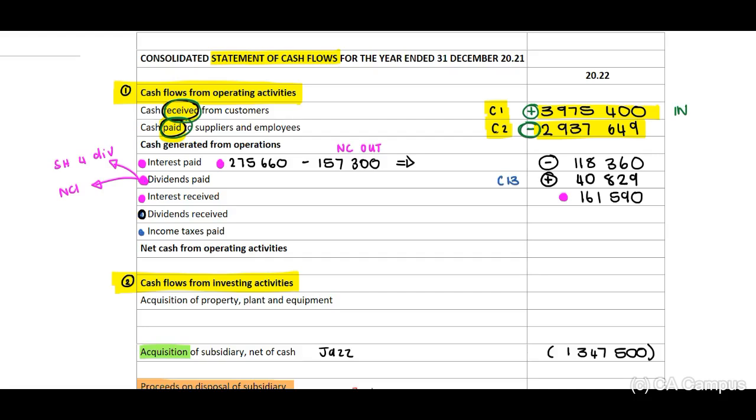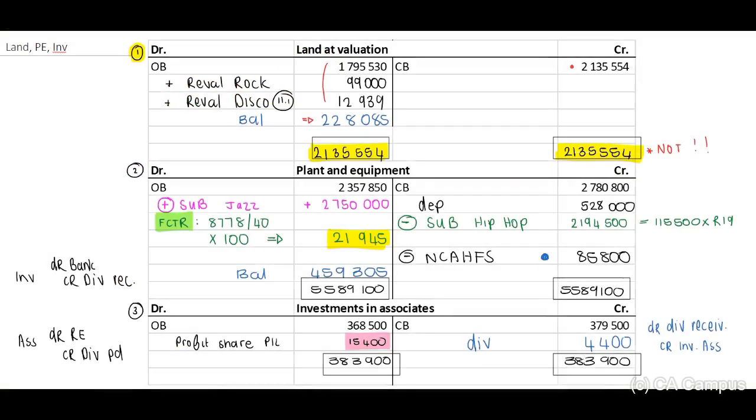Now, dividends received. I want you to look at calculation 3, investment in associates. Now, before you look at the amounts, please refer to the left side of your screen for me. If we have our investor that owns shares in the associate, basic example again, and our associate declares dividends, in the records, in the separate financial statements of the associate, we will debit retained earnings, credit dividends paid, right?